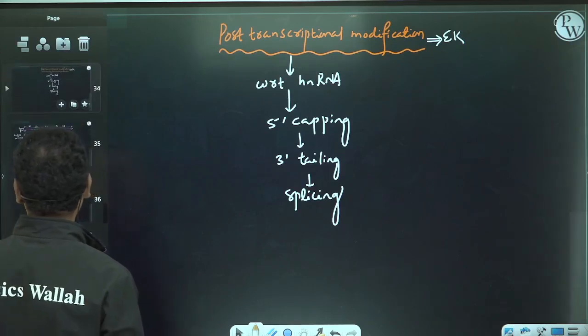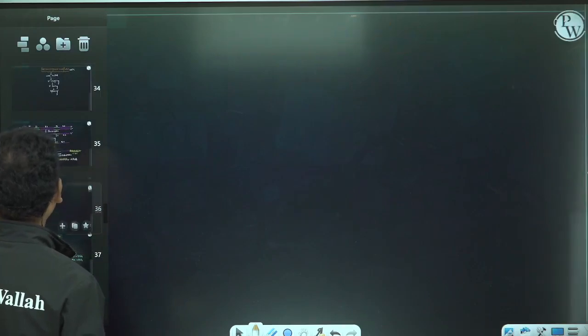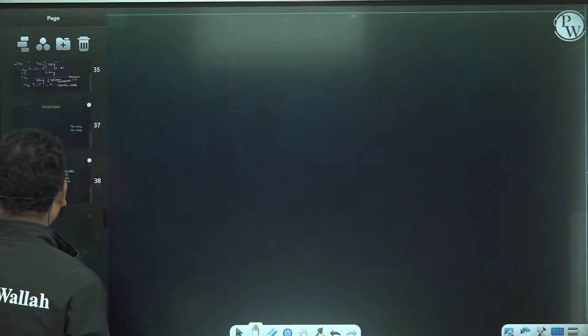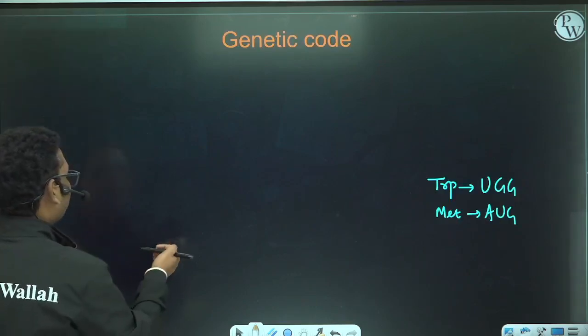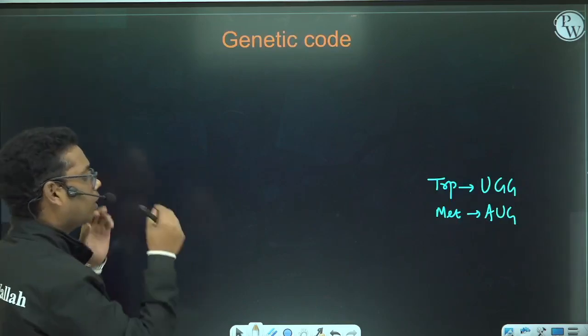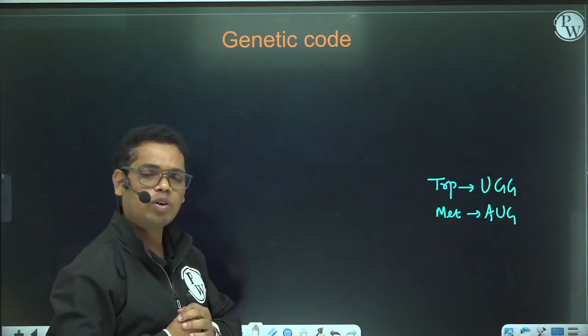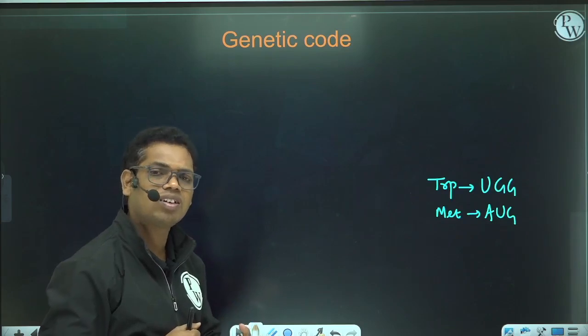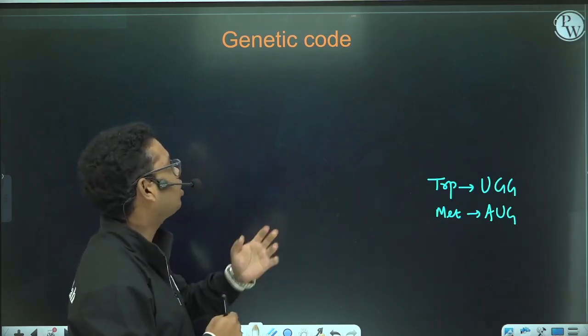Okay, now let us talk about the genetic code. The genetic code is nothing but 3 consecutive nucleotides which code for an amino acid, which have some information. That is called the genetic code.